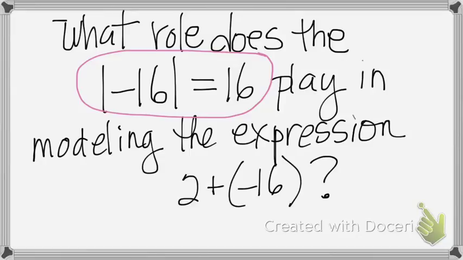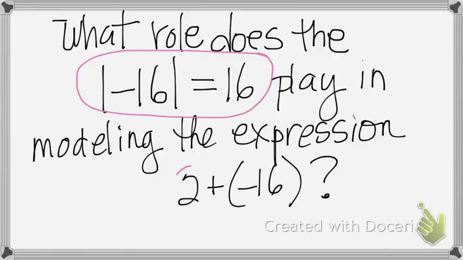The main point here is that the absolute value of the Q value, that second addend, always represents the distance between that first addend and the sum.